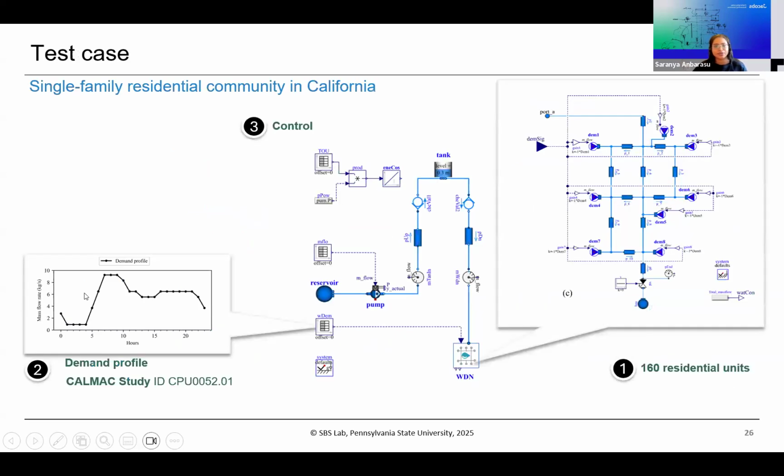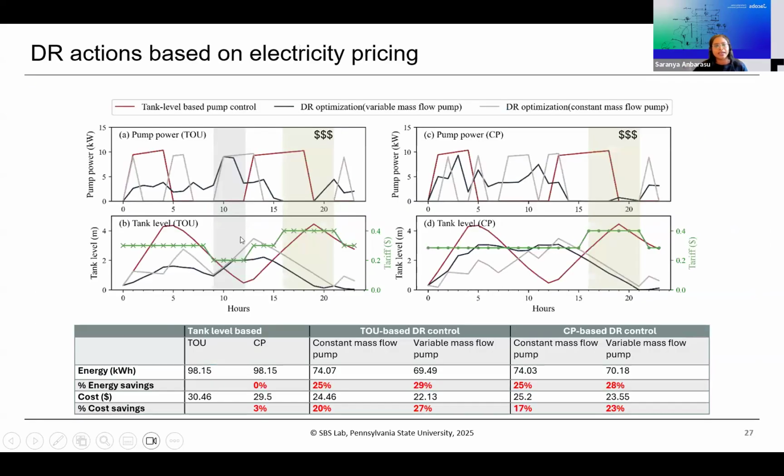And just to quickly show, this was how the system was set up, the model: the water distribution network with 160 residential units. And there was the control set up, demand profiles loaded, and quickly showing a snapshot of actions, how much we saved. So the table lists the comparison between the tank level based controls, the demand response responding to time of use, and responding to critical peak price.